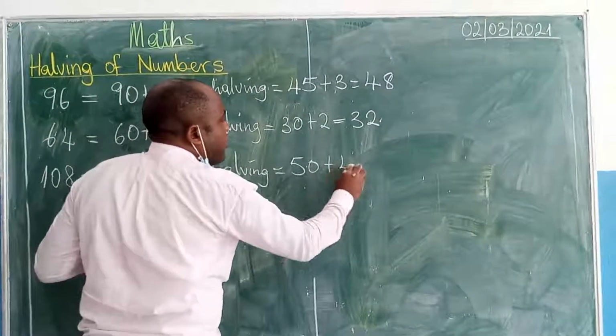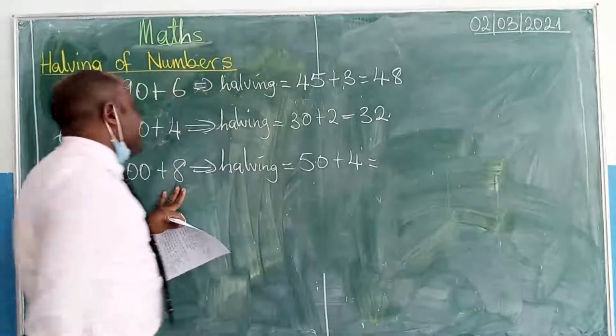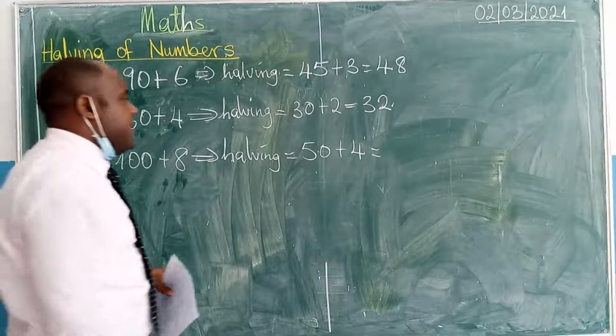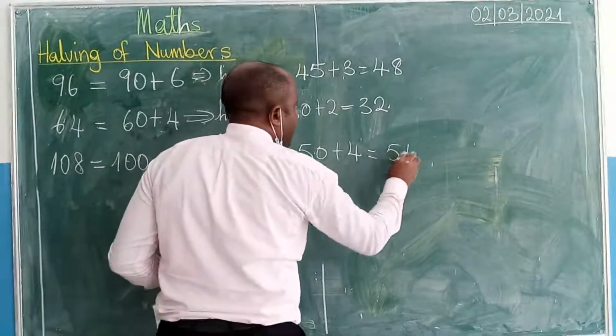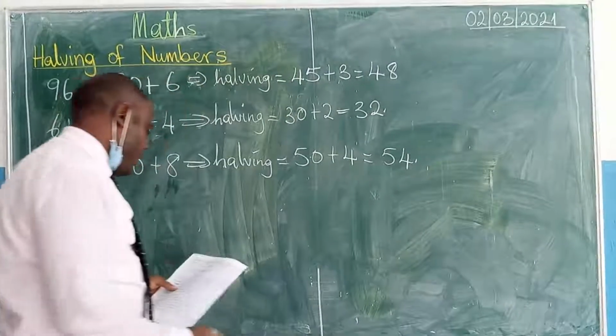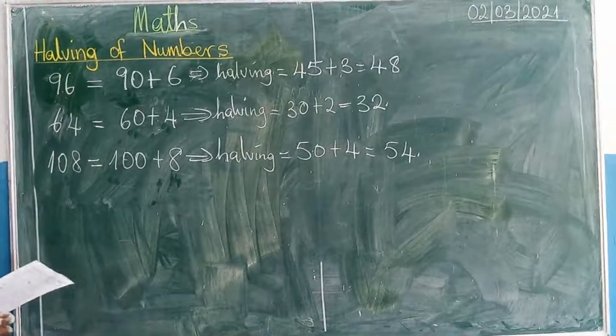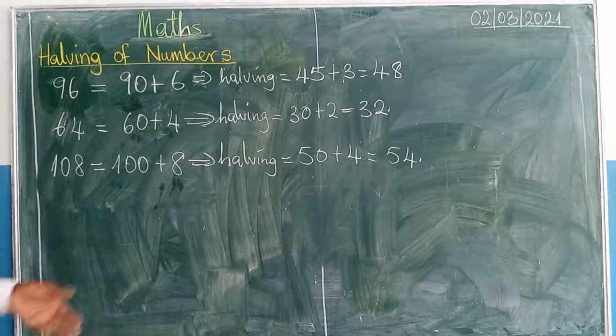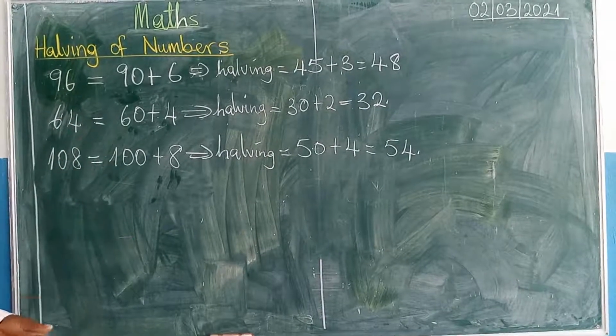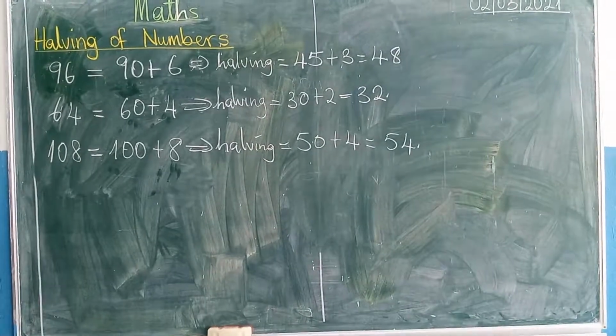So plus 4. It means the half of 108 is 54. So beloved student, that is the easiest method to find the half of a number.